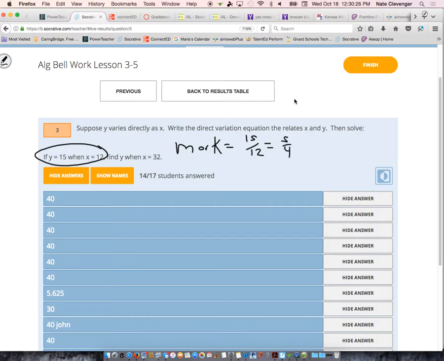So we have a direct variation of y equals 5/4 x, and then they want us to find the value when x is 32. So we have y equals 5/4 times 32 over 1. You can do a little reducing there.